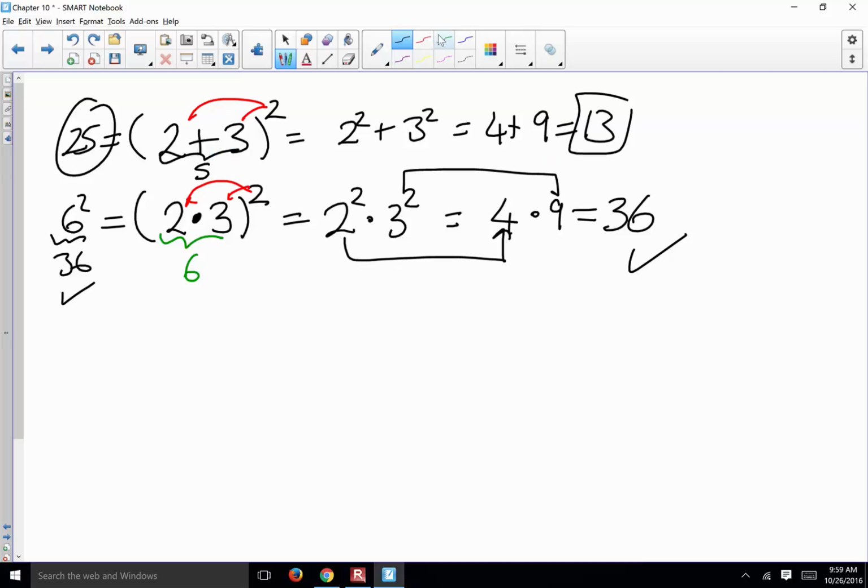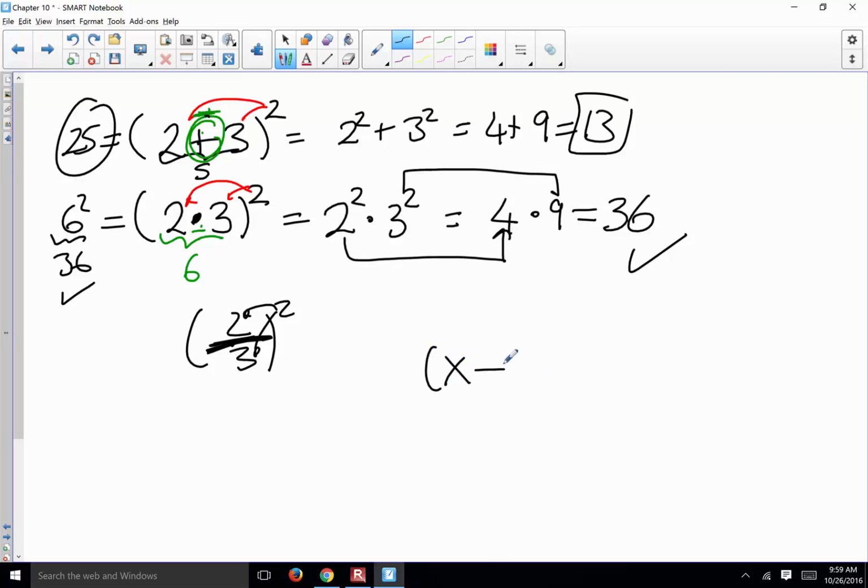Because you did it wrong. You cannot pass the square if it's a plus or minus. Plus and minus is bad. Multiplication or division is fine. You can pass it to division as well. If it's 2/3, you can pass it to the top and bottom because division is fine. Multiplication, division, okay. Addition, subtraction, bad.